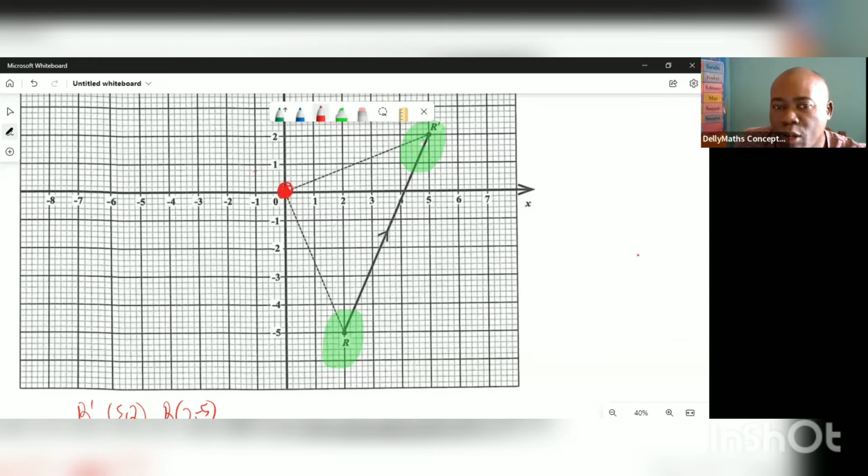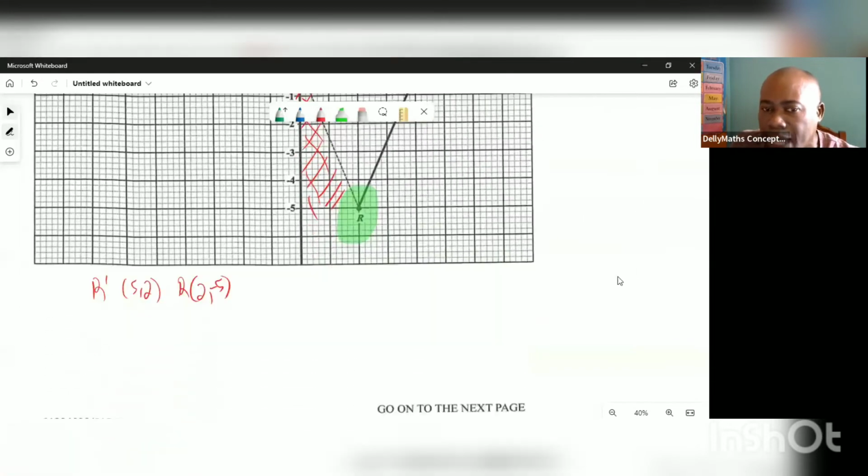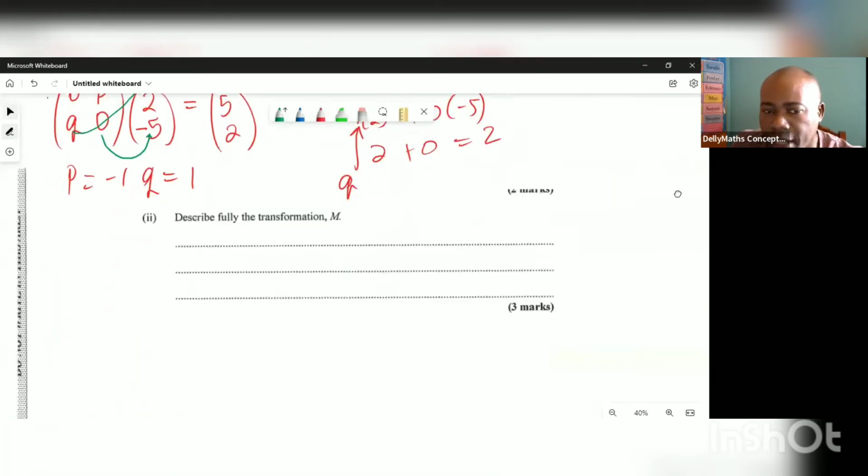And if you look at this triangular looking shape that was pulled out, I'm seeing it coming back up here, attached to R and R prime. So it's a rotation of 90 degrees in an anti-clockwise direction about the center 0, 0. I'll use that when I'm describing it fully.